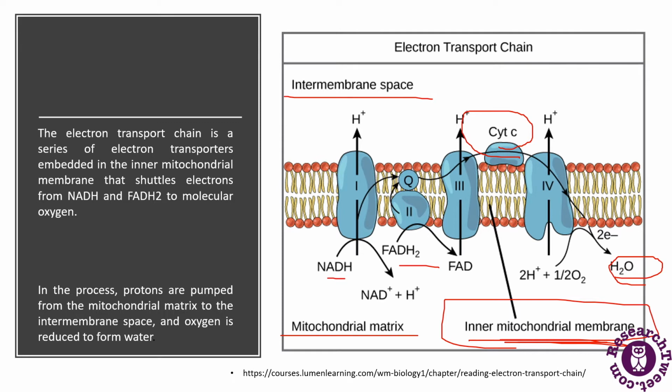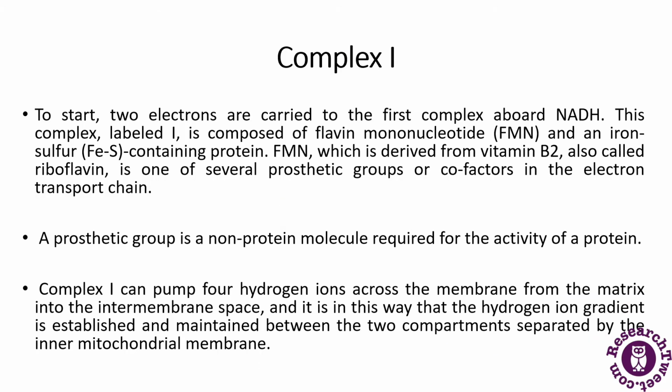Now the electron transport chain has a few complexes also. So we will talk about these complexes. First is complex 1. From the diagrammatic representation itself, it has been shown how the process of electron transport chain works in complex 1.